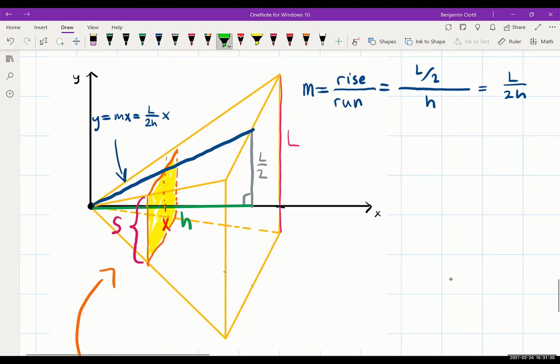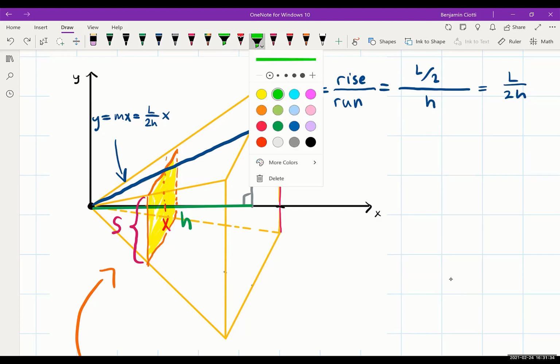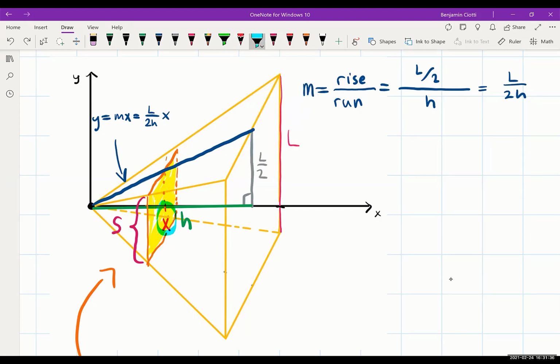And in particular, if our x coordinate is x, then the point above that x coordinate on that line is the point (x, y), where y, as we can see, is L over 2h times x.